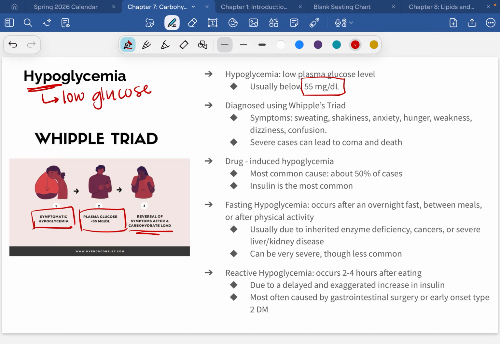And there's a couple of different types of hypoglycemia. By far, the most common type is going to be drug-induced hypoglycemia. And drug-induced usually comes from the injection of insulin, usually from people who have type 1 diabetes. So people who live with type 1 diabetes have to inject themselves with insulin multiple times per day.